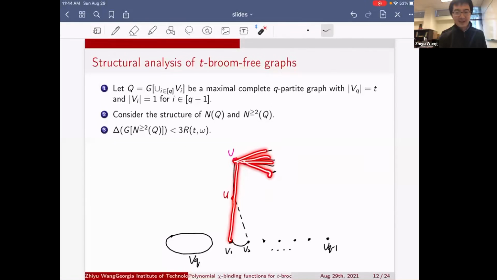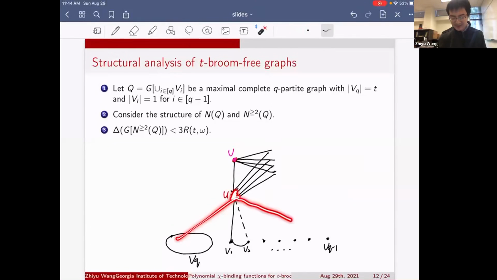If u has a lot of neighbors in the neighborhood of v, then we can also get a t-broom, because first of all, observe that u cannot be adjacent to everything here. If u is adjacent to everything below, then we can add u into Q to get a larger complete Q-partite graph. So u has to be non-adjacent to some vertex in here, and then we can get a t-broom out of this. So it's easy to bound the maximum degree of the second neighborhood and beyond.